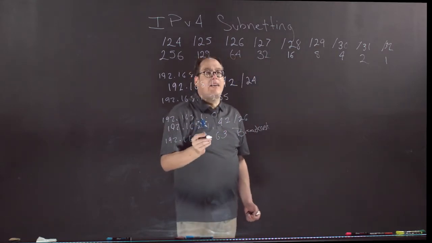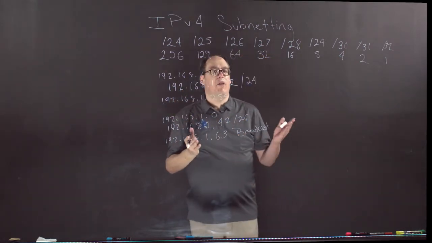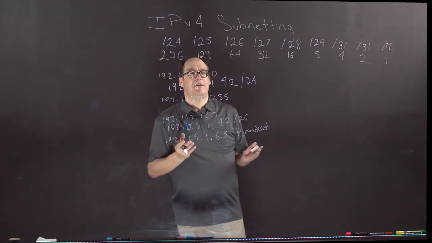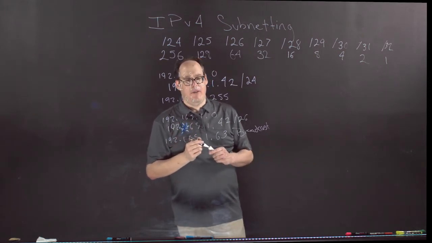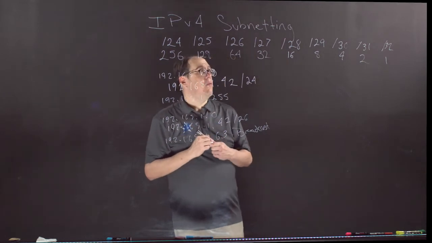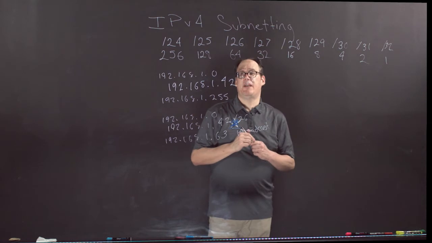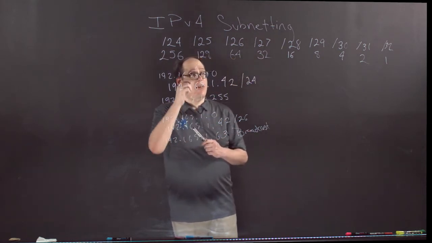Now, I can use this counting method to determine what network any address is in, given the size of the network. What may happen is that I may be given a specific subnet mask.